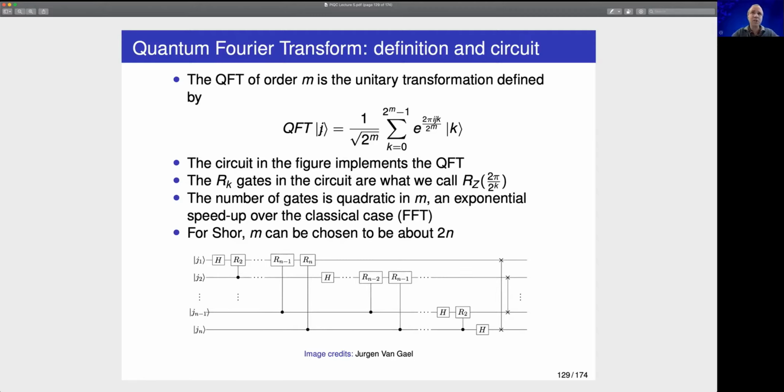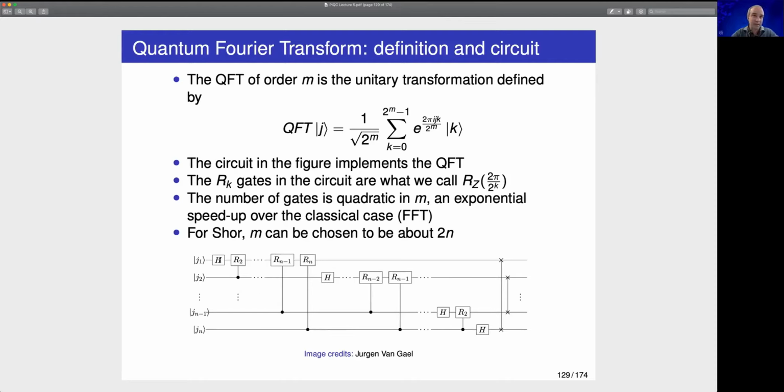So the definition of the quantum Fourier transform for a basis state J is this expression here, this superposition here, that if you know about the discrete Fourier transform, you will see that it's very, very similar to the definition of the classical discrete Fourier transform, okay? The way in which we can compute this superposition is by this circuit here, in which everything is something that we already know from our previous study of quantum gates.